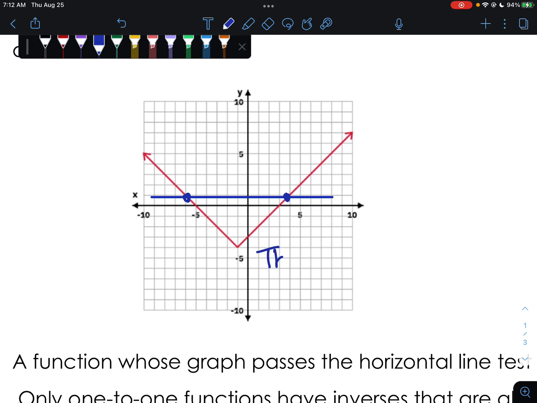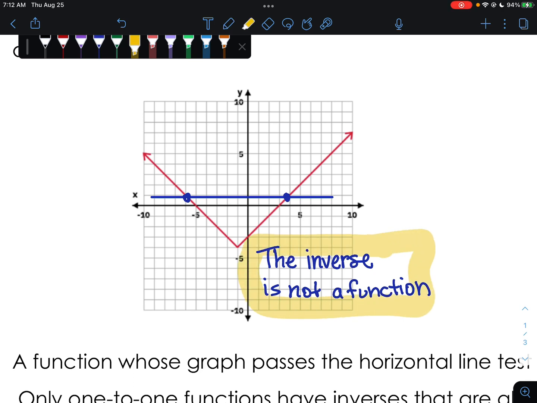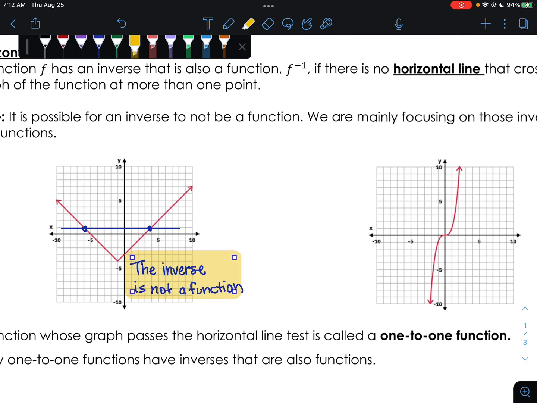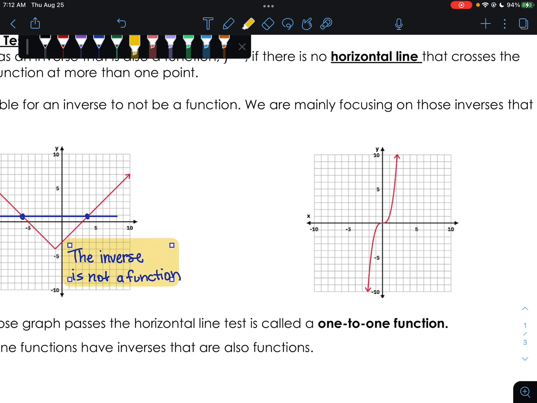So this tells us that the inverse is not a function. Looking at our next one, if we draw a horizontal line, no matter where I draw it, it's only hitting one spot. So we know for this one that the inverse is a function.